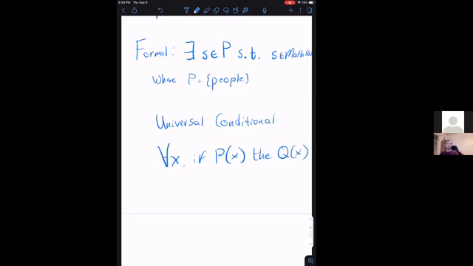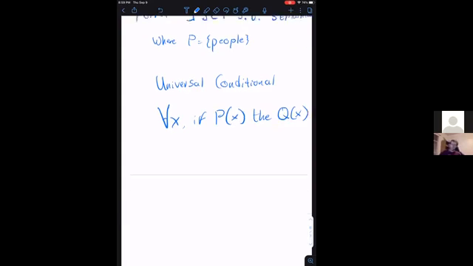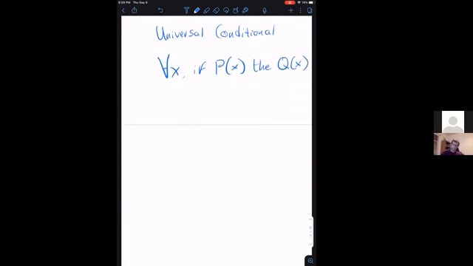That's the universal conditional statement. So no matter what x I pick, if P of x is true, Q of x is true, okay? No matter what x I pick. So let's do an example of this.